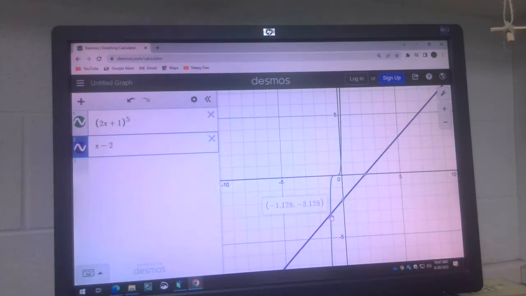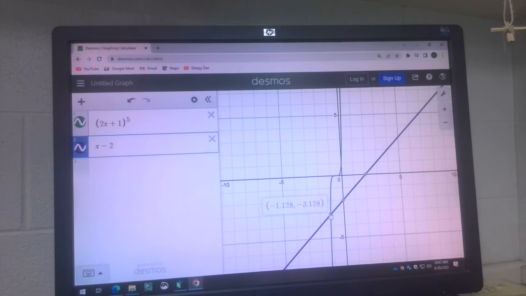So we just set them both equal to y, graph them, and where they intersect is the answer. Remember the problem is asking for x, so they're not asking for the coordinate point. So our x would be the first one, -1.128.